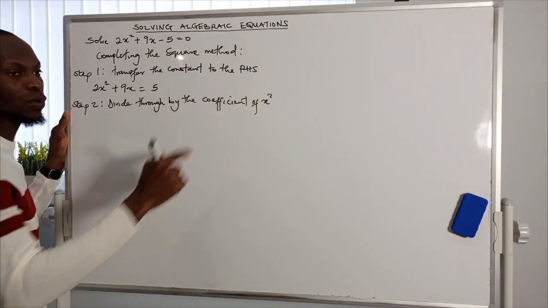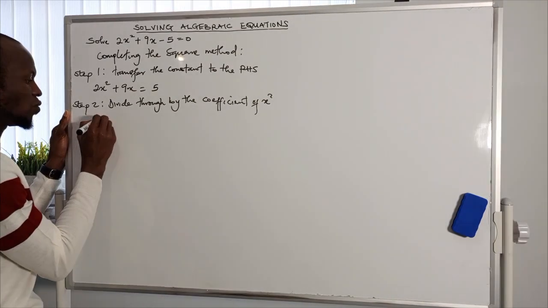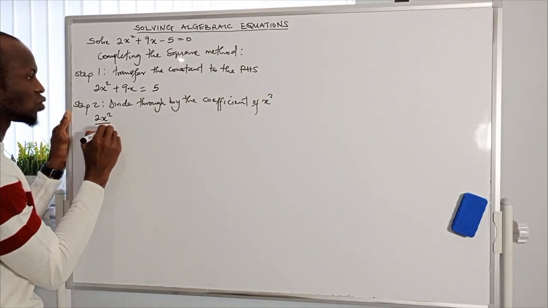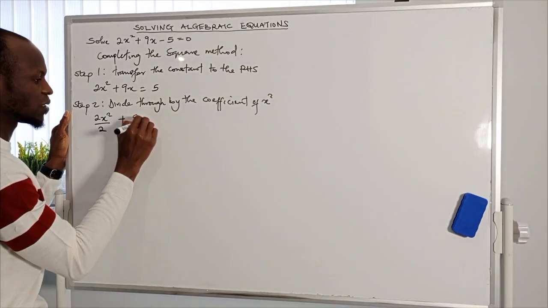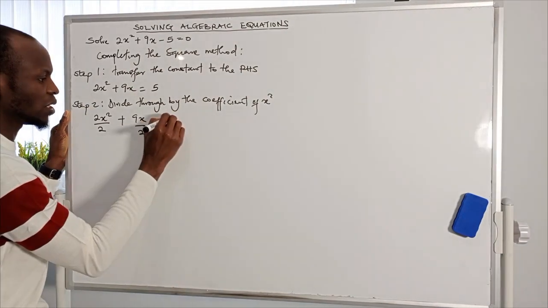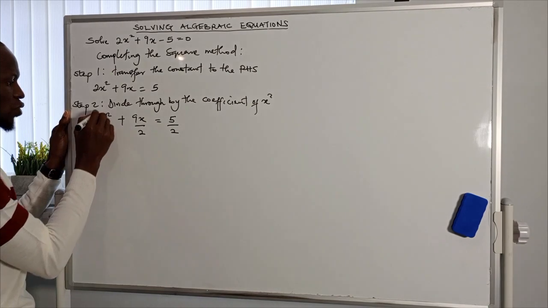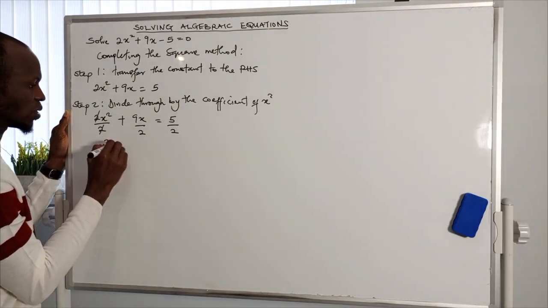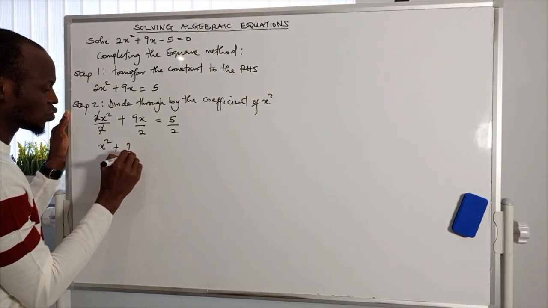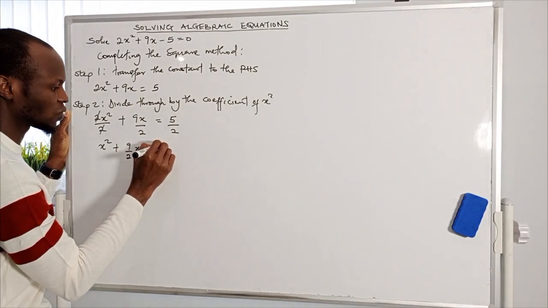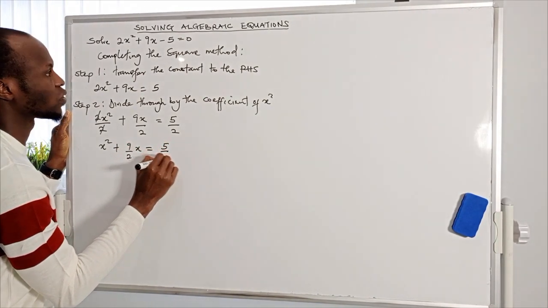Automatically divide through this equation by 2. So we have 2x squared all divided by 2 plus 9x all divided by 2 equals 5 divided by 2. So 2 cancels 2, we have x squared plus 9 over 2 x equals 5 over 2.